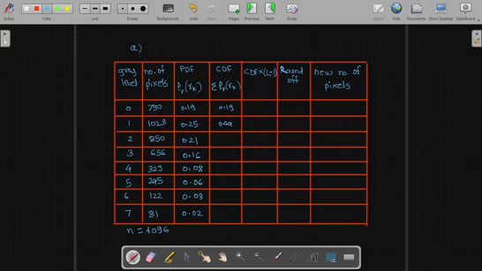The next will be 0.19 plus 0.25 plus 0.21, which is 0.65. Like that we add all the values: 0.89, 0.95, 0.98, and the final CDF value is always equal to 1.